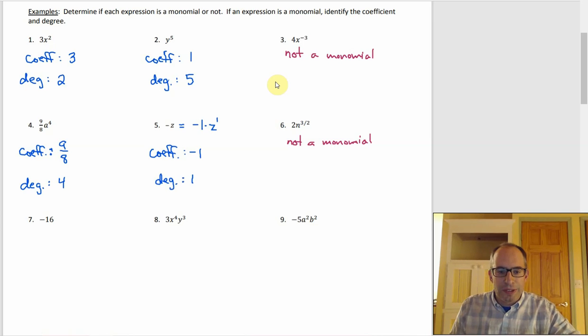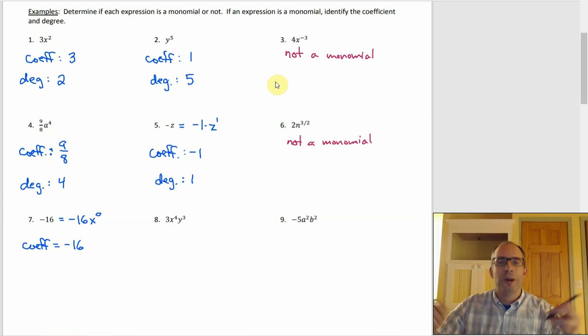Then, let's see, number 7, that's kind of a tricky one because that is a monomial. It's just that the degree is 0. So the coefficient is going to be -16. But that -16, you could write it like this, as -16 times x to the 0, or y to the 0, or a to the 0, or z to the 0, right?